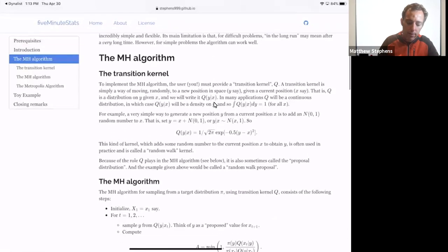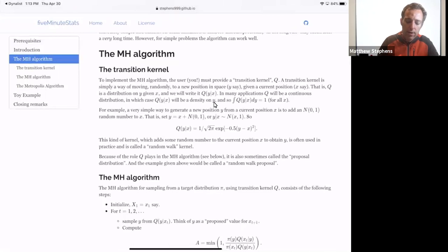So here we go. As I've said already, to implement the Metropolis-Hastings algorithm, you have to provide this kernel Q, which is simply a way of moving around the space. And I should say, we're going to look at an example in a minute where we're trying to sample from an exponential distribution using Markov chain Monte Carlo.